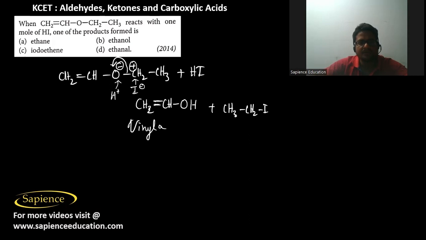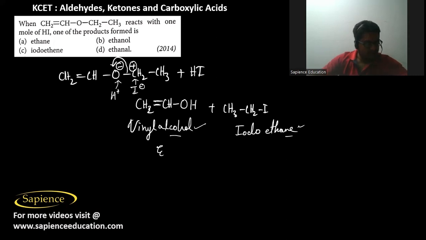Okay, so it will form vinyl alcohol and iodoethane. So iodoethane will be formed, and vinyl alcohol will be formed. And this vinyl alcohol will show tautomerism.